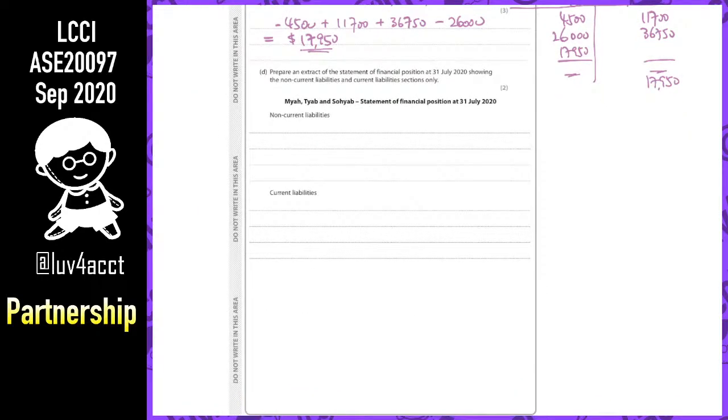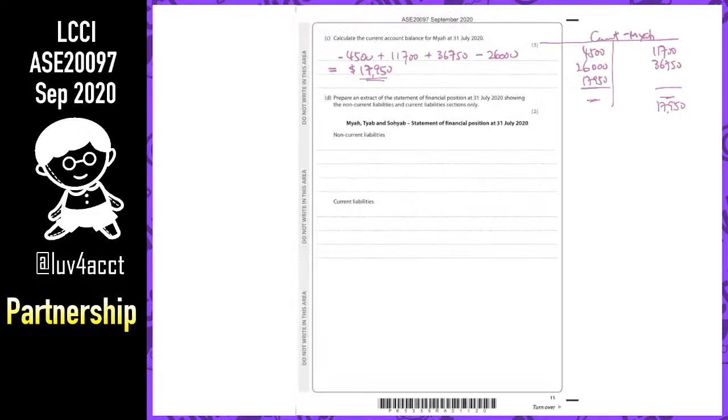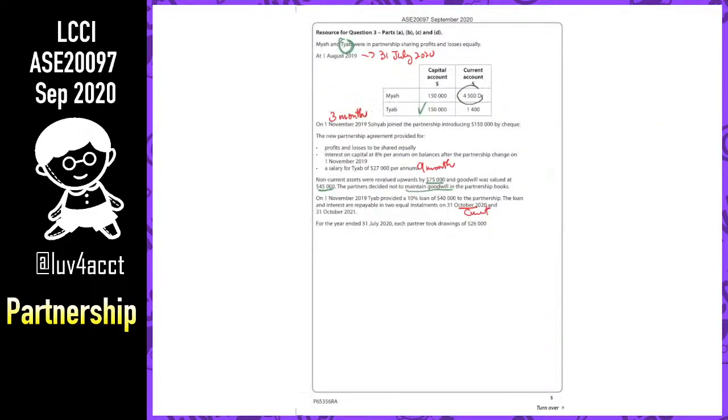So prepare an extract of the statement of financial position showing the non-current liabilities and current liabilities section. Okay, so we do not have any other information, just the loan. Remember that partner, who, M or T? Let us take a look.